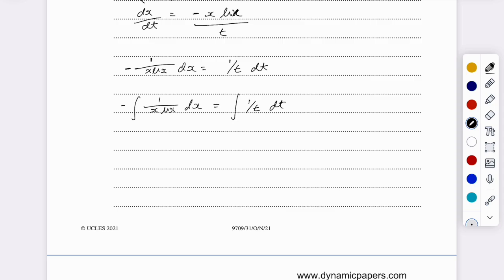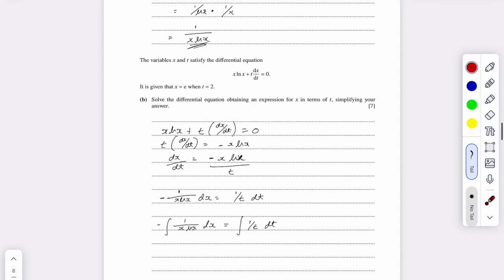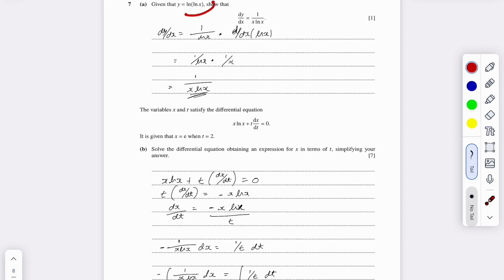Now, interestingly enough, we were told in the beginning that y is equal to ln of ln x.